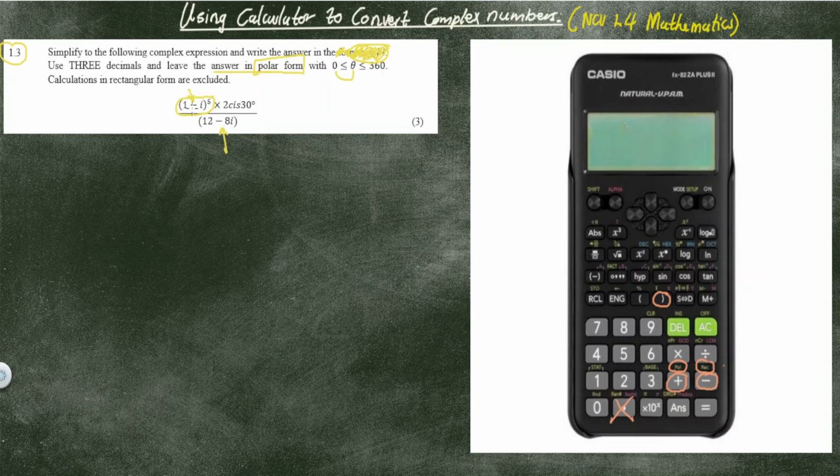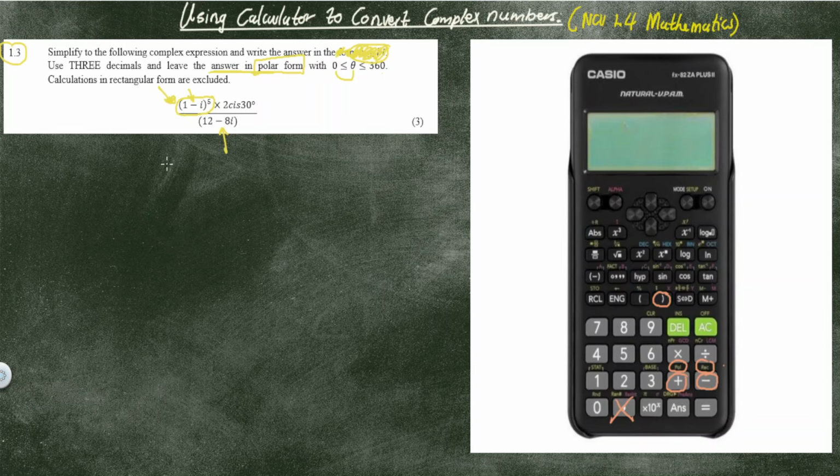Anyway, we should leave our answer in polar form. So everything in standard or rectangular form should be converted to polar form. And this we have no other choice but to convert to polar form because it's De Moivre's theorem.